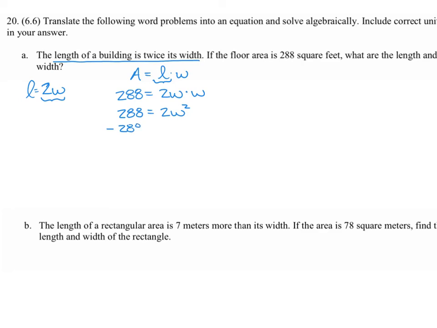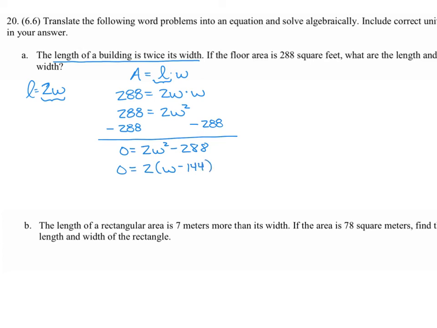I'm going to go ahead and use factoring in order to solve this. So in order to do that, we want to have it set equal to 0. We get 0 equals 2W squared minus 288. I can factor out a 2 to make it a little bit easier on myself.